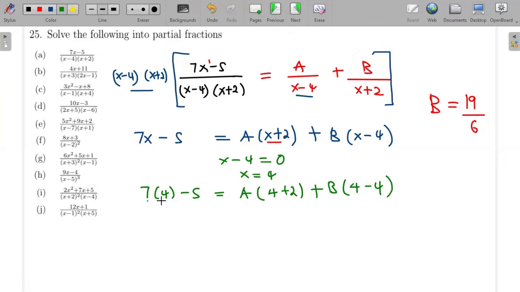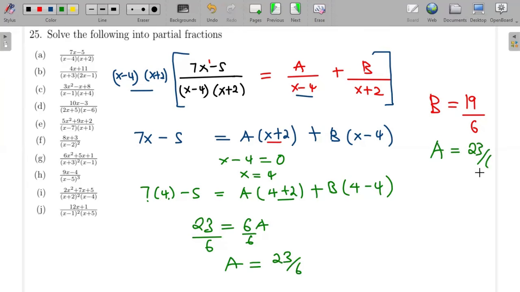So this 7 multiplied by 4 is going to give me 28. 28 minus 5 is going to give me 23. So I have 23 here is equal to, this will be 6 multiplied by A, 6A. So divide by 6, my A is simply 23 over what? 6. So A is equal to 23 over 6.